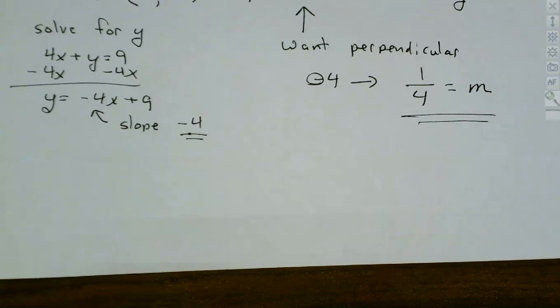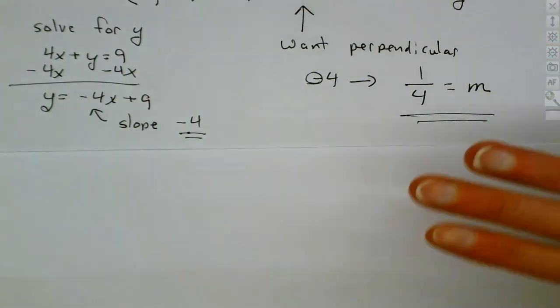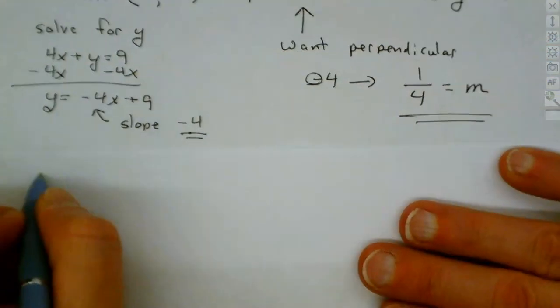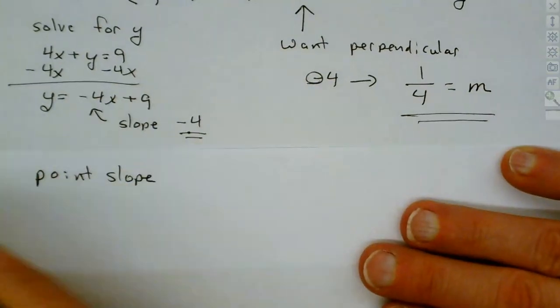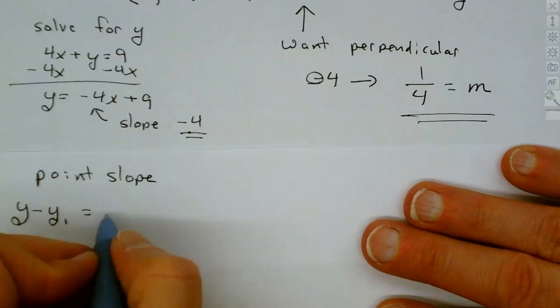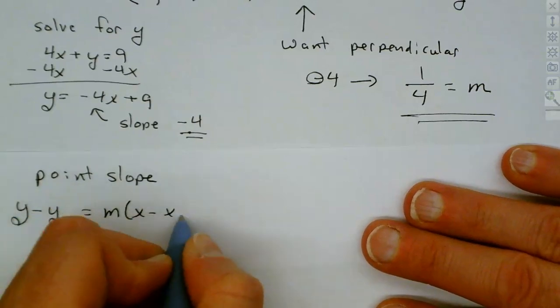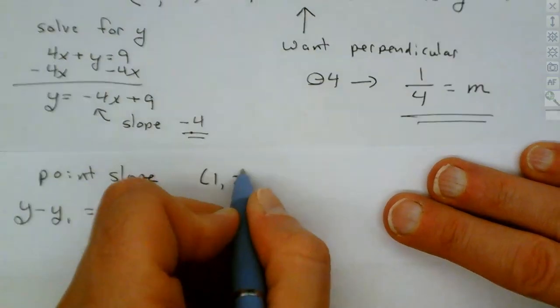Now, we can proceed to use the point slope formula, and then write our answer in standard form. And your point slope formula is y minus y1 equals m times x minus x1. And we're going to be using that point (1, 2).